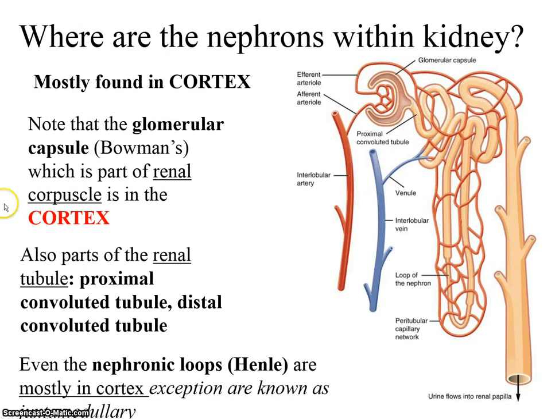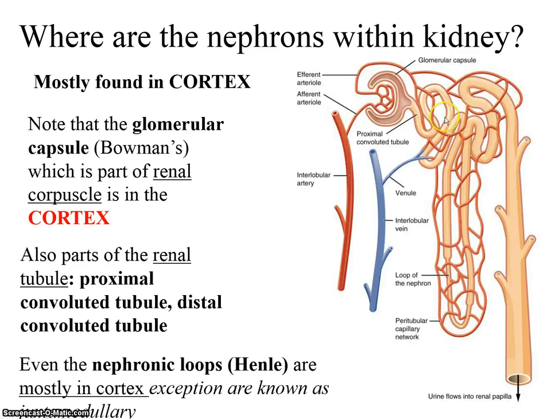Okay, and collectively, the glomerular capsule, the first part of the nephron, and the glomerulus are called the renal corpuscle, because corpuscle is a ball, and these look like just a ball when you look at them through the microscope or on your models. So the rest of the nephron is proximal convoluted, and convoluted just means twisted, right? And distal convoluted tubules, all right?